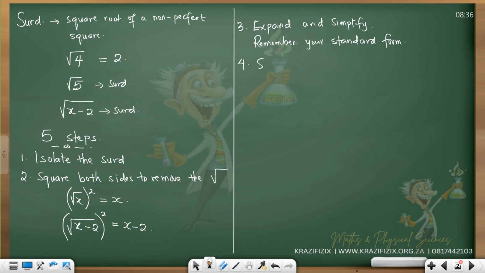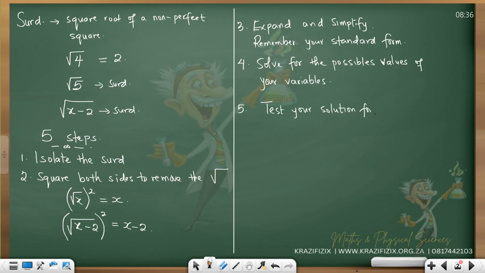Number 4, solve for the possible values of your variables. And number 5, very important, test your solution for validity.